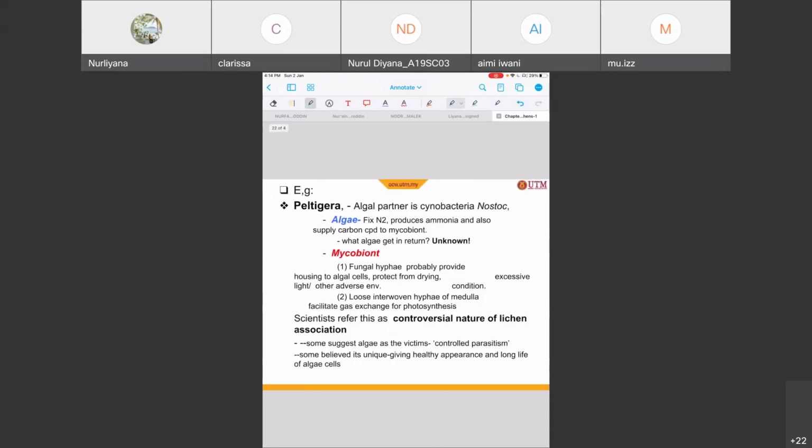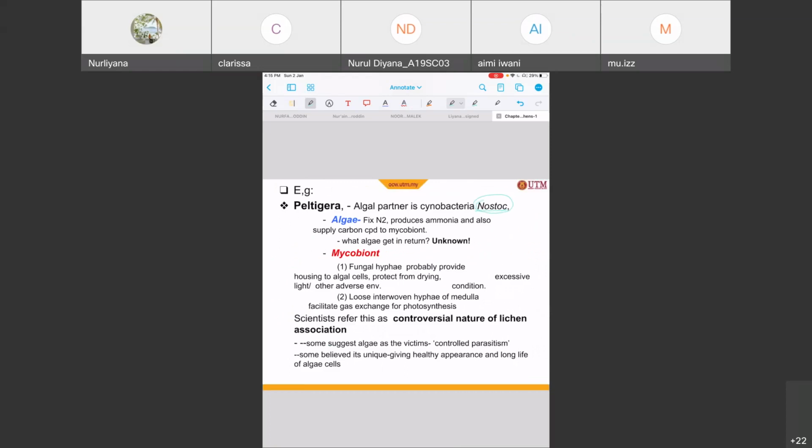So the example is Peltigera. Peltigera is the lichen that has algae. So this algae is a Nostoc species that creates a symbiotic relationship with a microbiome.